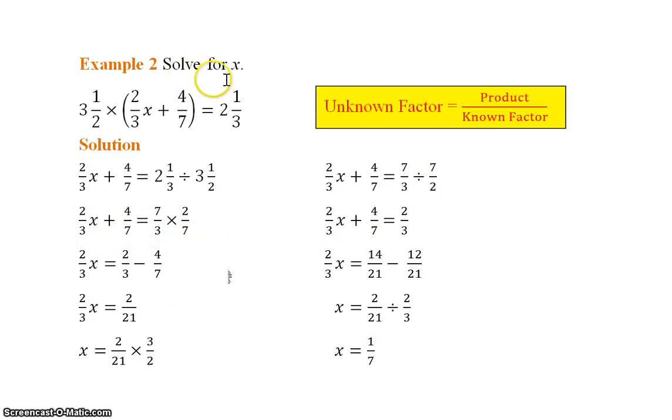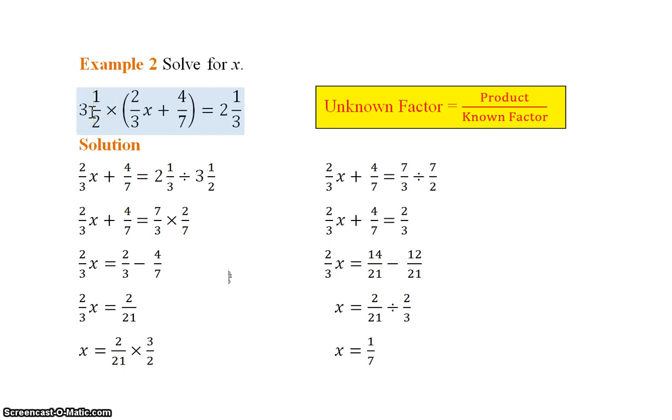Example 2. Solve for x. The equation is 3½ times (2/3 x plus 4/7) equals 2 1/3. The left side of the equation is the product of two factors.